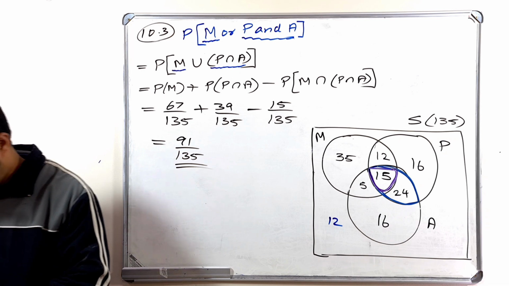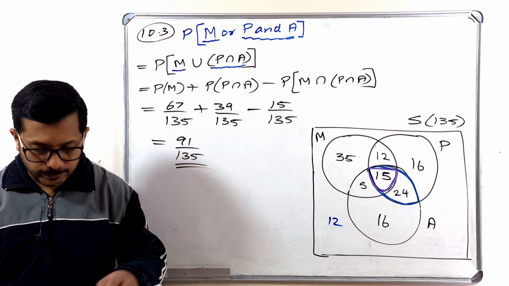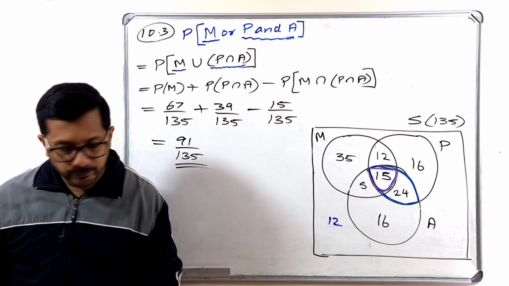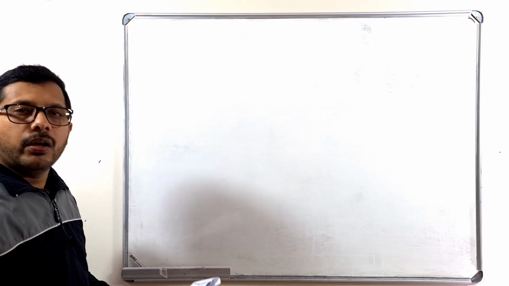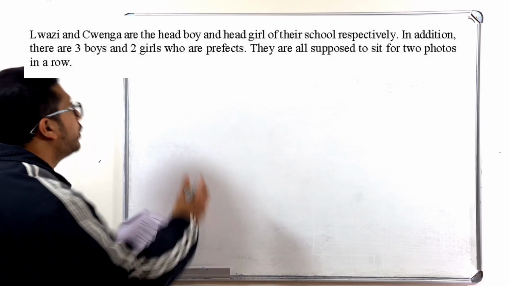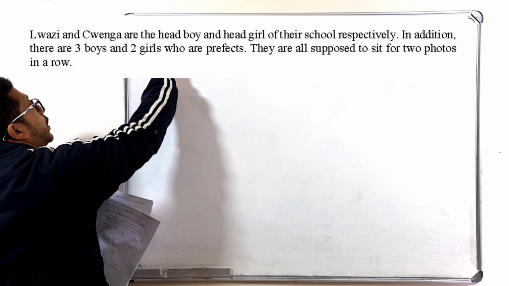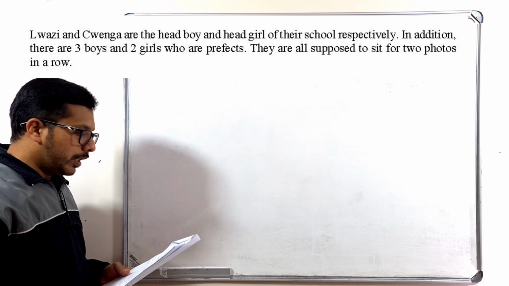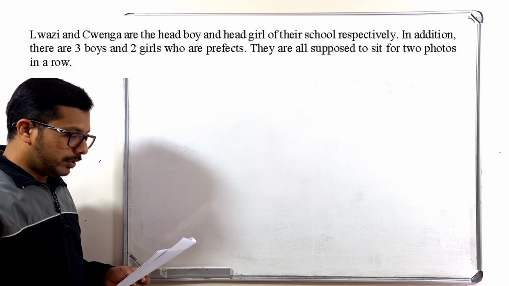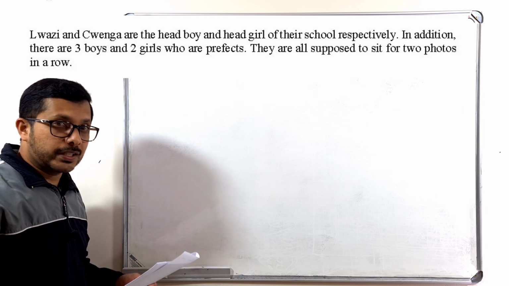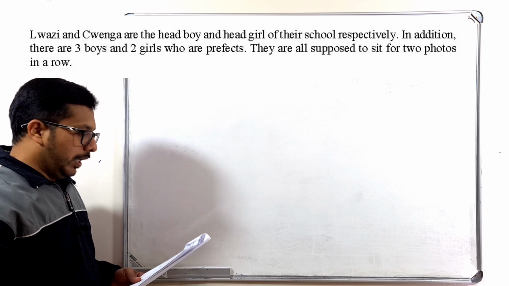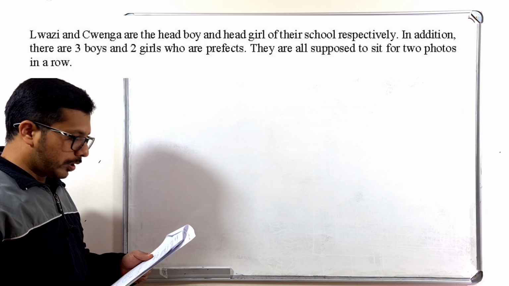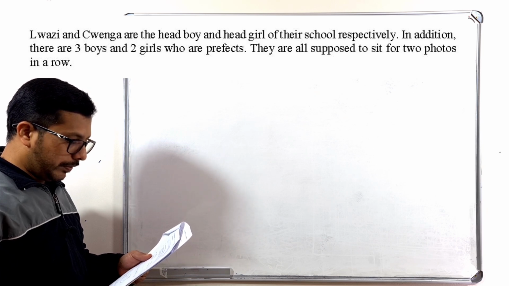Now let's go to question number 11. Question number 11. What is that question? Luasi and Zwenga, maybe wrong pronunciation, sorry for that, are the head boy and head girl of their school respectively.